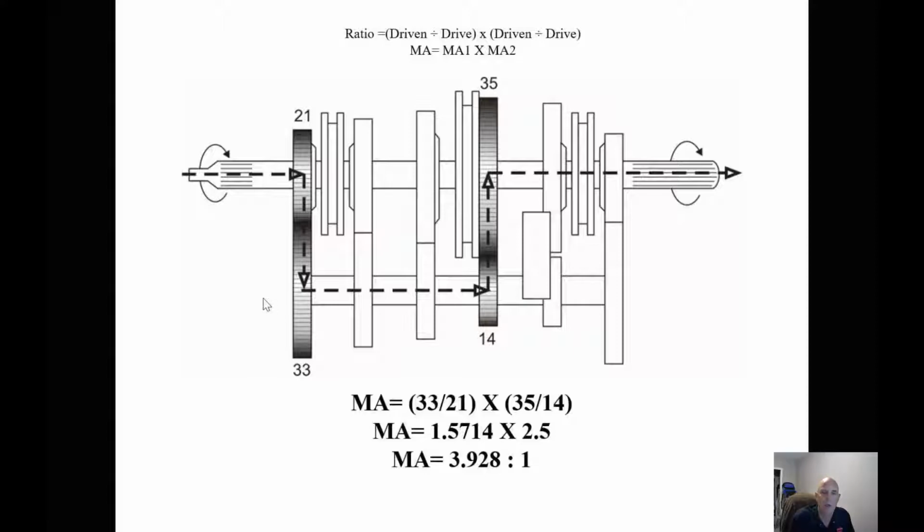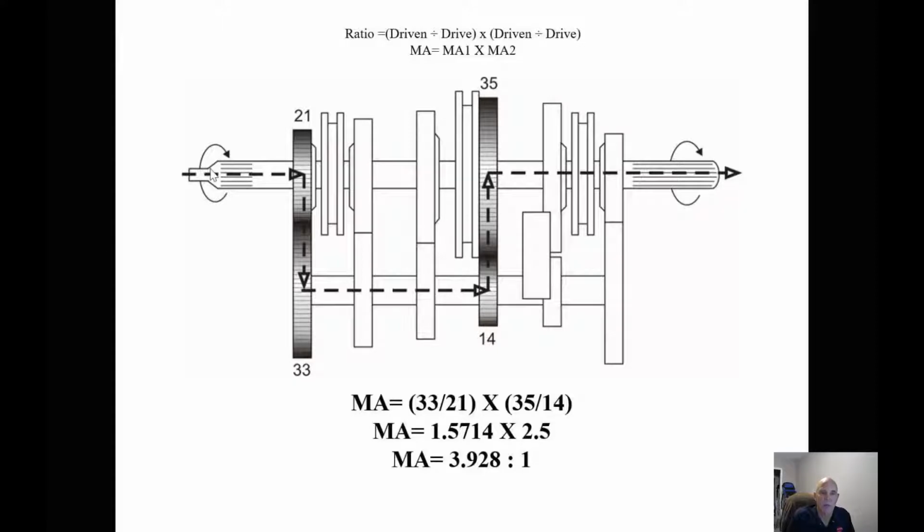Now we want to take a look at compound gear ratios, and again, a compound gear ratio is driven over drive times driven over drive, output over input times output over input, the mechanical advantage of one times the mechanical advantage of the second.